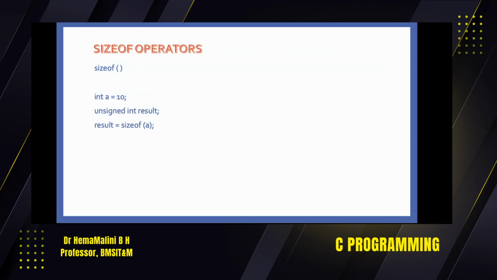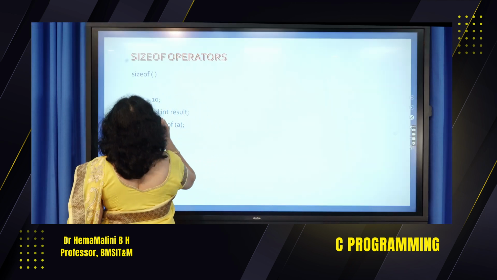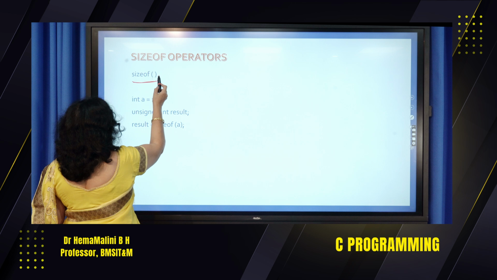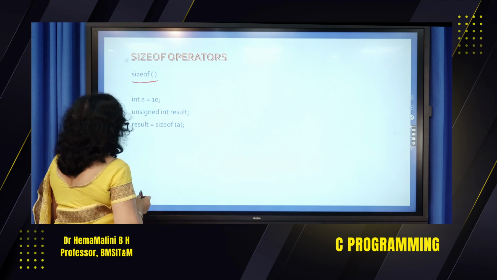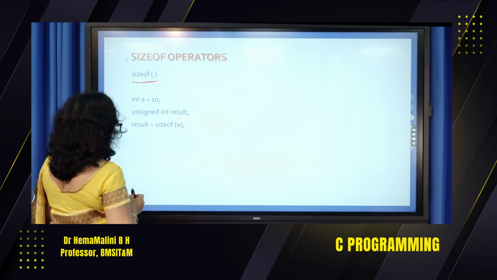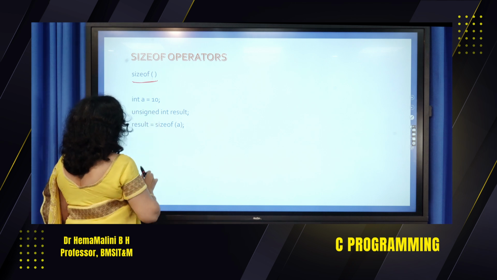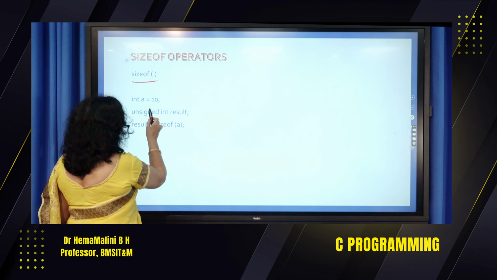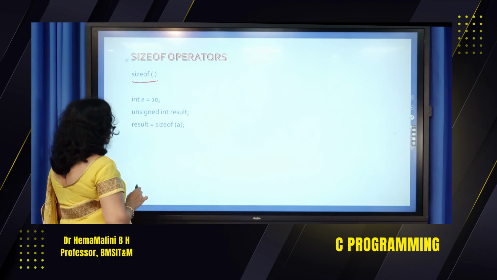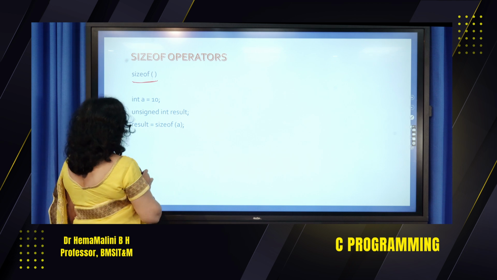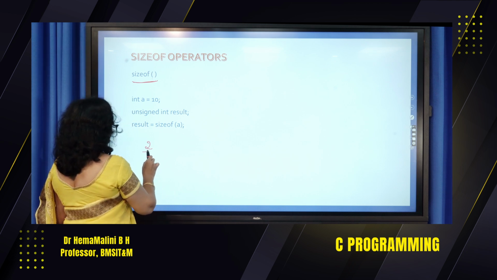Next, we have the sizeof operator. The syntax is like this: sizeof, open parenthesis, closed parenthesis. Let us see how this can be used. I have integer a equal to 10, unsigned int result. sizeof(a) is of type int. So if int consumes 2 bytes, then the result would be 2.